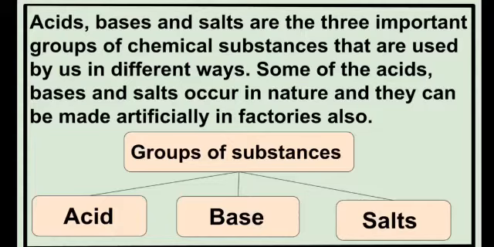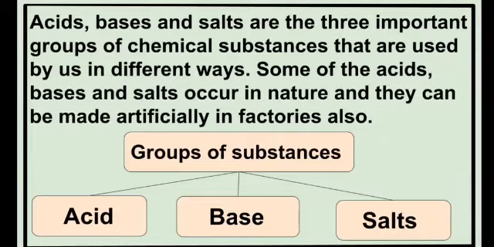Acids, bases and salts are the three important groups of chemical substances that are used by us in different ways. Some acids, bases and salts occur in nature and they can be made artificially in factories. So there are three categories according to the chemical substances present in them: acid, base and salts.